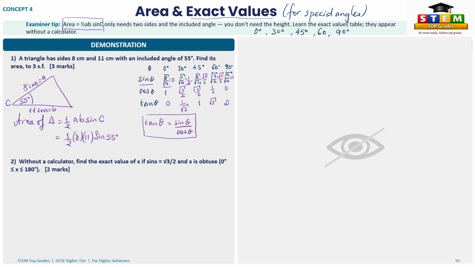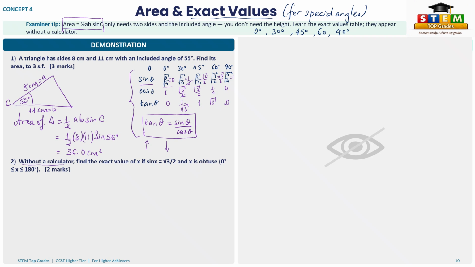After using your calculator, that's going to give you 36.0 centimeters squared. Now you may be asking, why did we do this? Because this is going to help us further down for the special angle. Now it says without a calculator, which means you have to use this table.